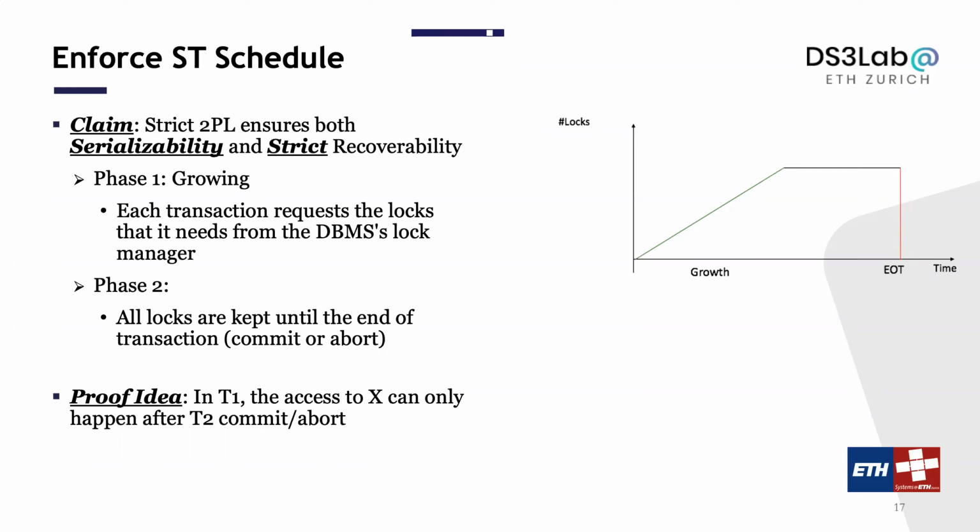And because in strict two-phase locking T2 only releases locks at the point of commit or abort, the access of T1 will always happen after the commit or abort of T2.